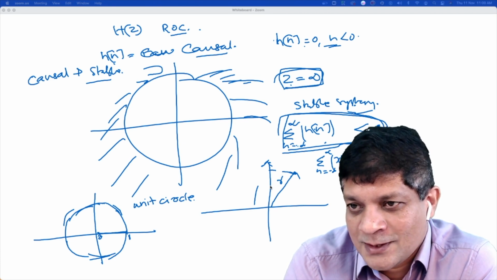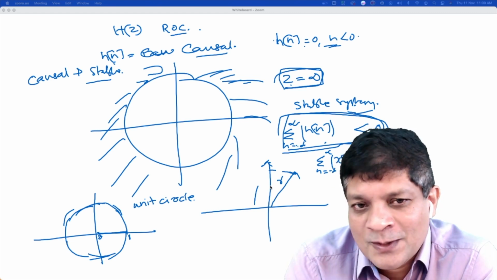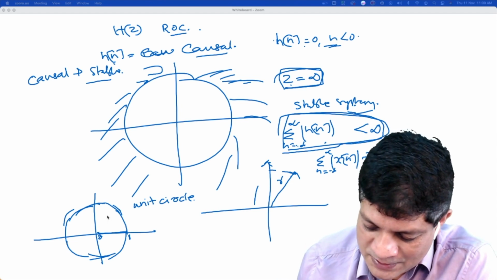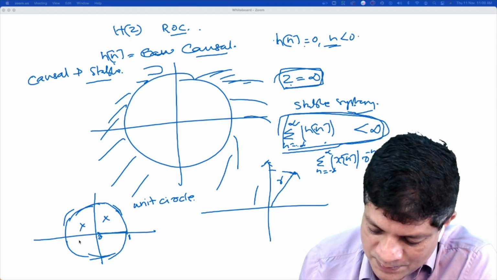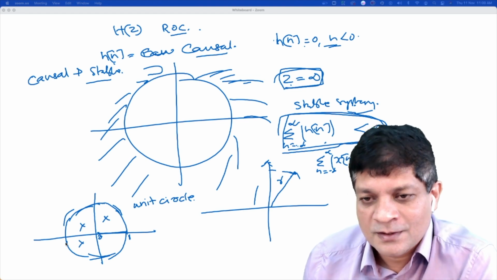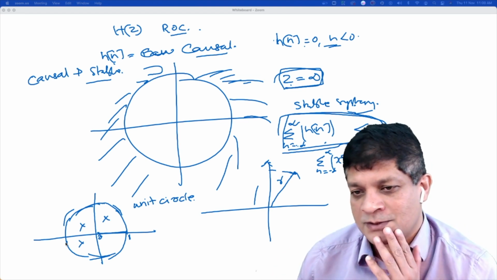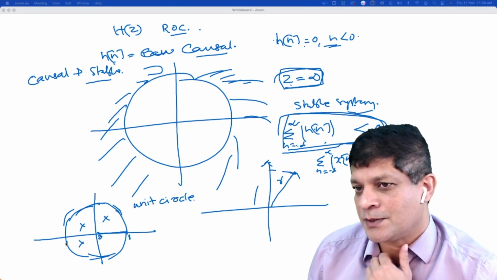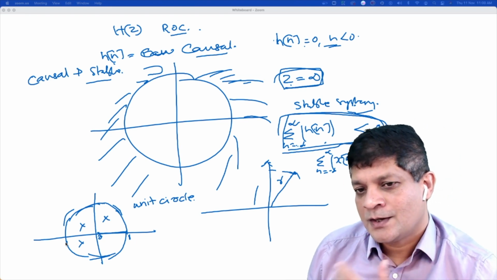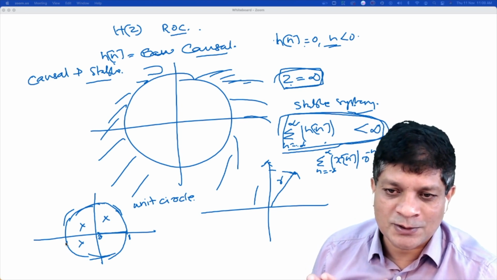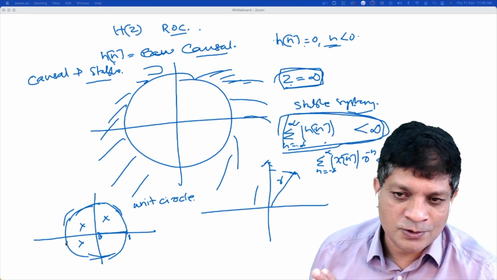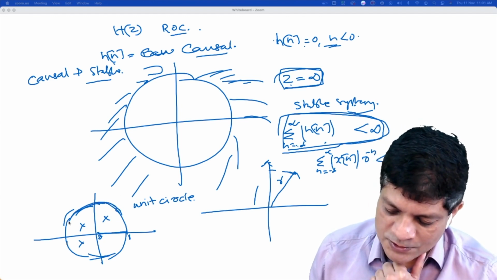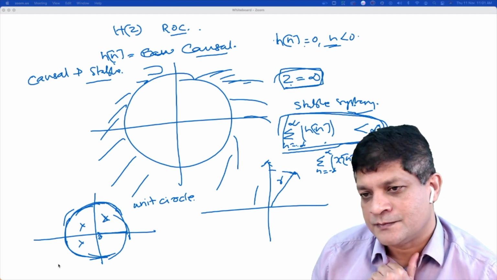So if the system is causal and stable, all the poles must be inside the unit circle. There should not be any pole outside the unit circle. Yes, that is a property. In the case of the Laplace transform, the corresponding property was that all the poles must be on the left half of the s-plane. But here, all the poles must be inside the unit circle.